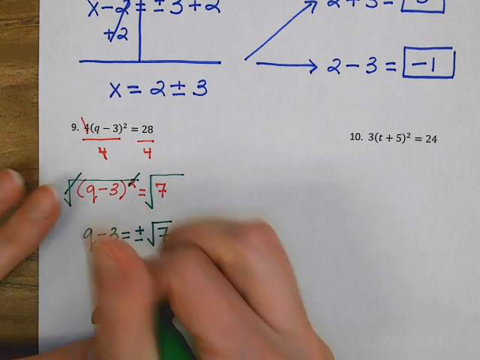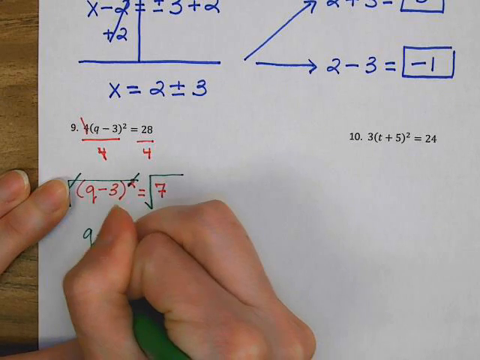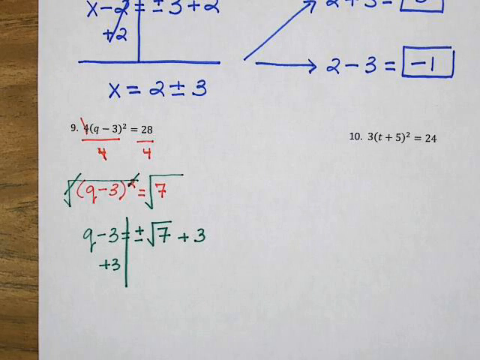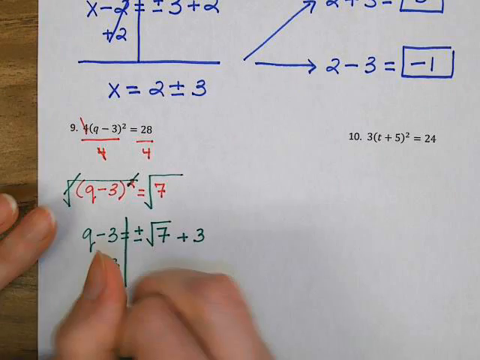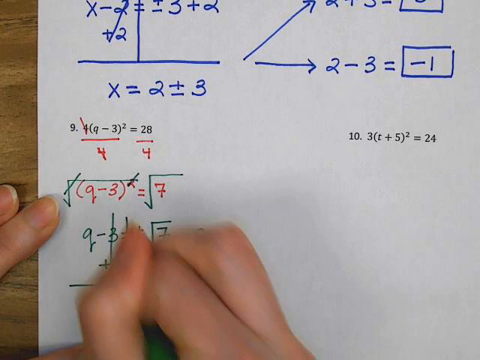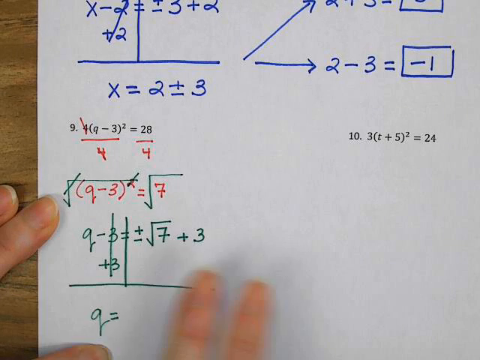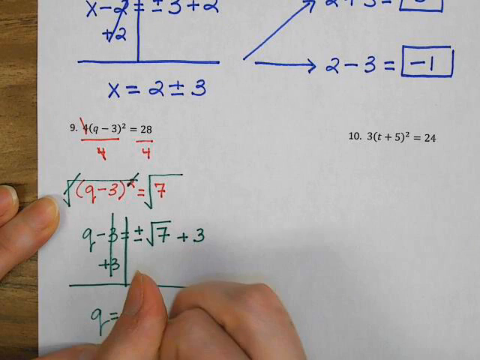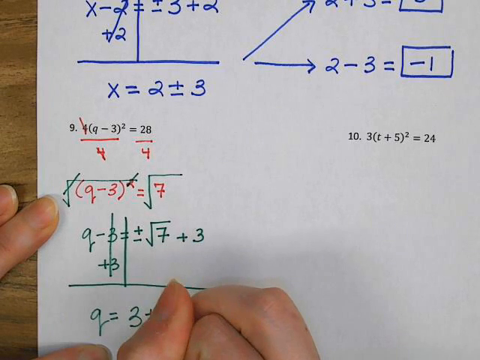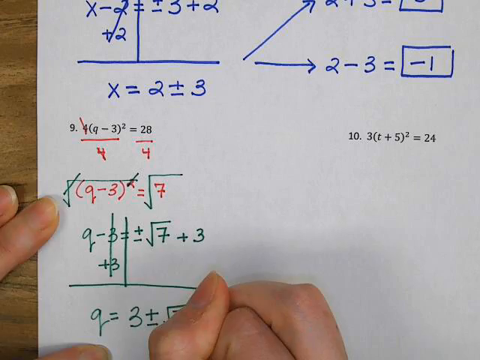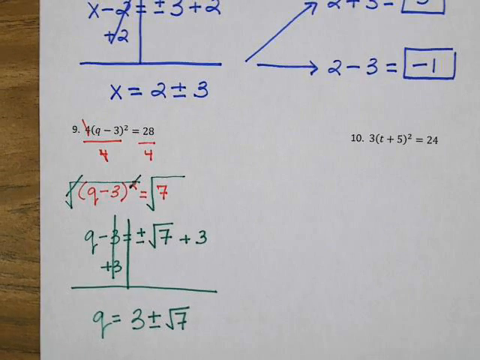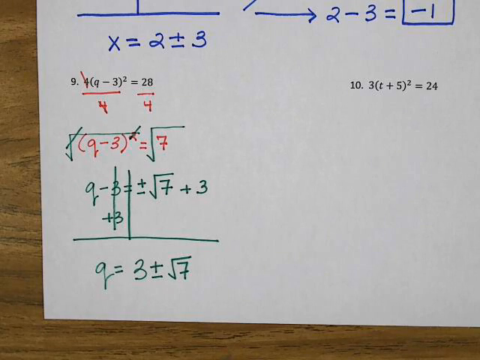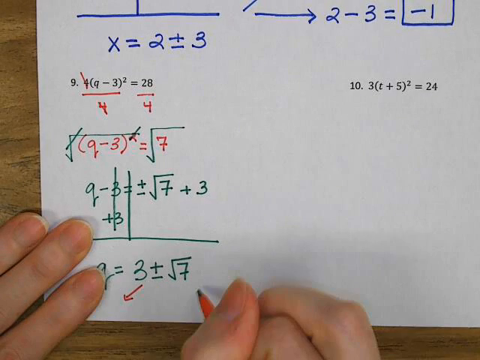Okay, almost done. To get q alone, we need to add the 3 over. Okay, add the 3 to both sides, and now we have q equals, again, I'm going to switch the order. You don't have to. I'm going to call it 3 plus or minus root 7. And now we get our two answers. We have to type it in twice, remember?